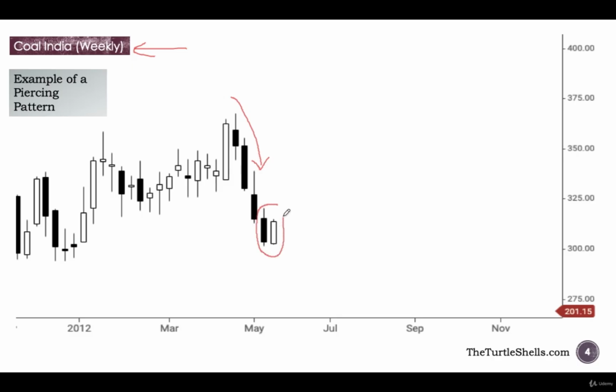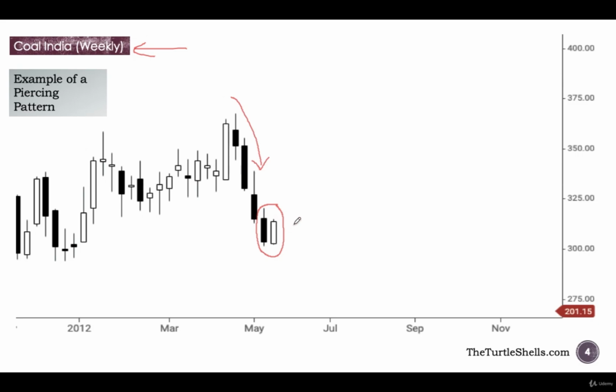Now notice that the opening of the white candle is not below the low of the prior black candle, which violates one of the conditions of the piercing pattern. We said that for a perfect piercing pattern, the opening should be below the low of the prior black candle. But in this case, that has not happened.